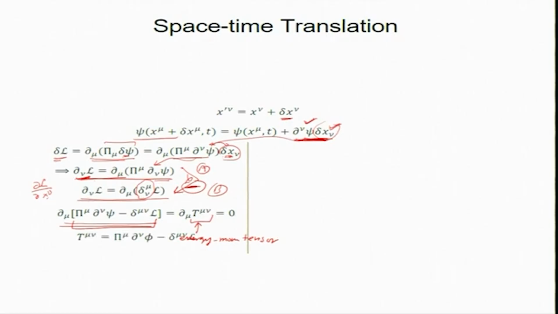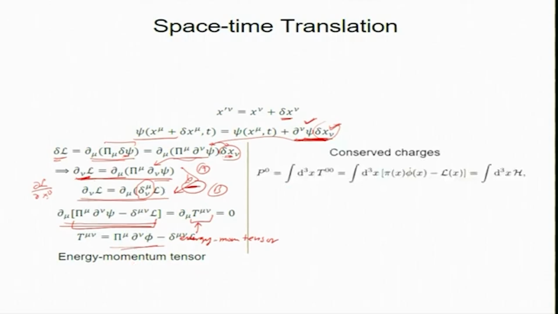Now this T mu nu, the 0th component will be T00, which is nothing but the Hamiltonian. Pi phi dot minus L is the Hamiltonian, and the 0k component is the linear momentum.